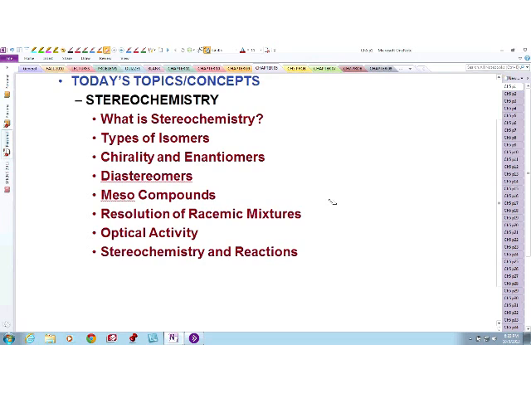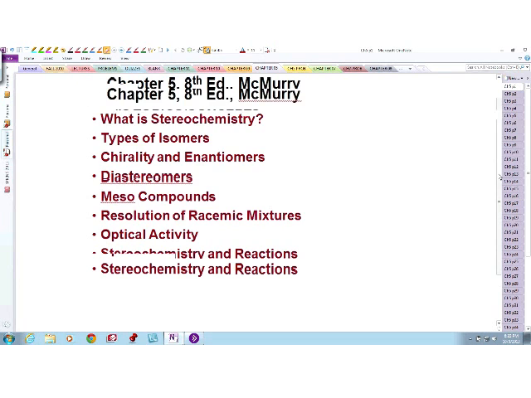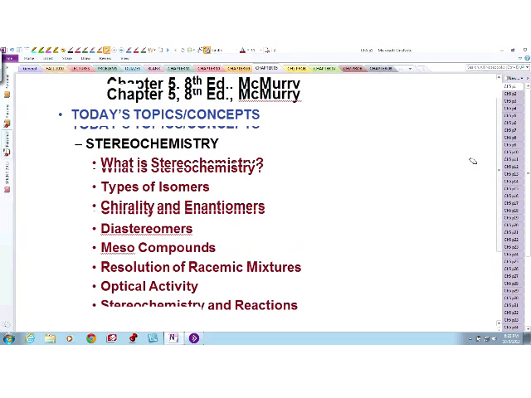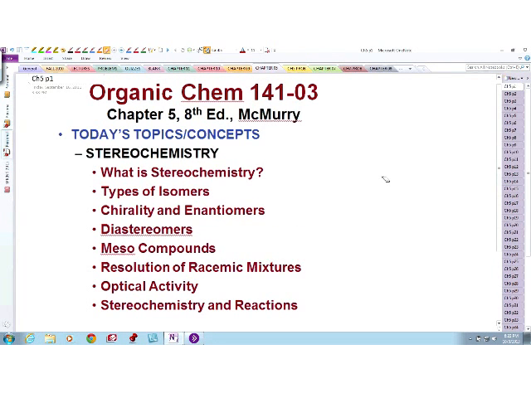In today's session, we are going to finish up our discussion on stereochemistry, which is from chapter 5 of your book. When we left on Tuesday, we defined what stereochemistry is.